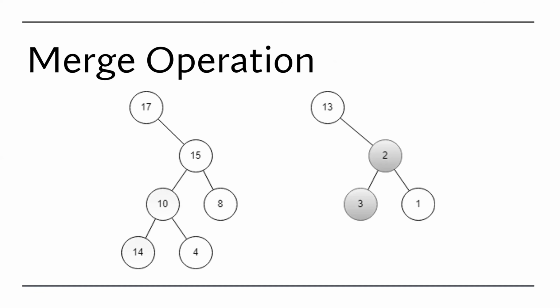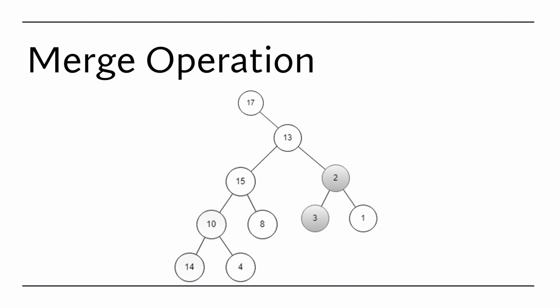Now we want to see what the merge operation is. One of the most important operations in weak heaps is how we can merge two heaps. So consider we want to merge these two weak heaps. First, we pick the greater root, which is 17 here.